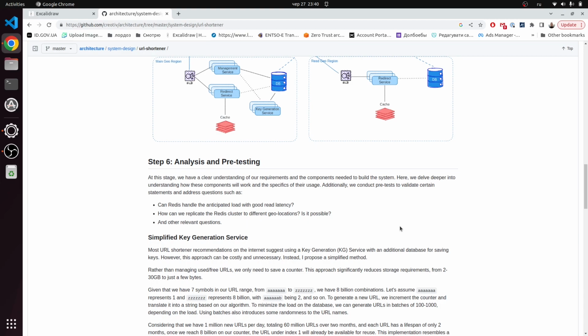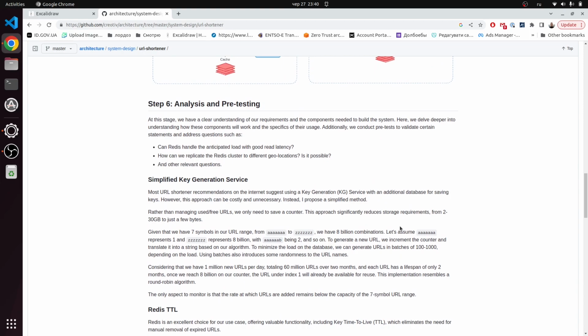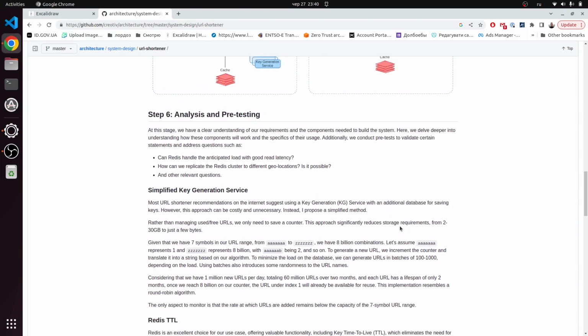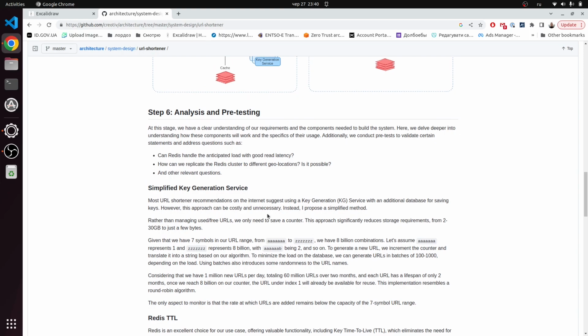Also, we may need to replicate this, which makes our solution harder. What we may use instead is a simple counter, saving just a few bytes in the database. As we have a limitation of 2 months for saving the URL, it's the best solution.